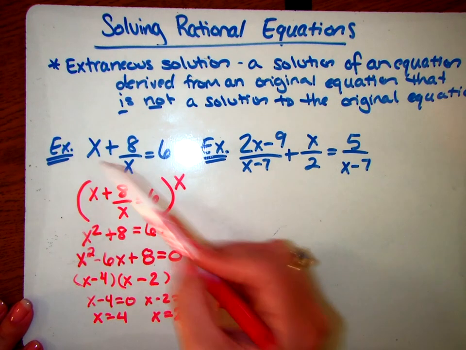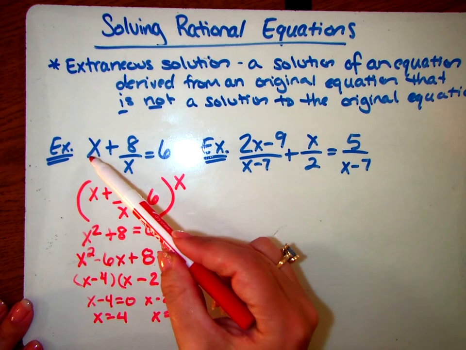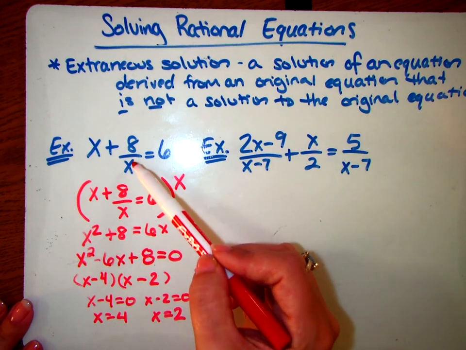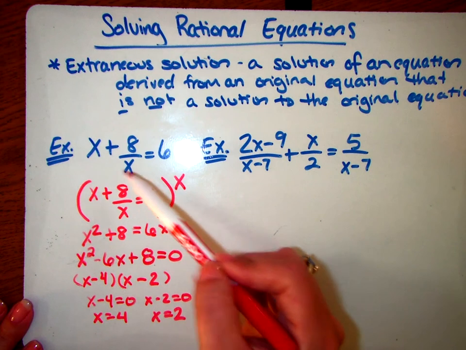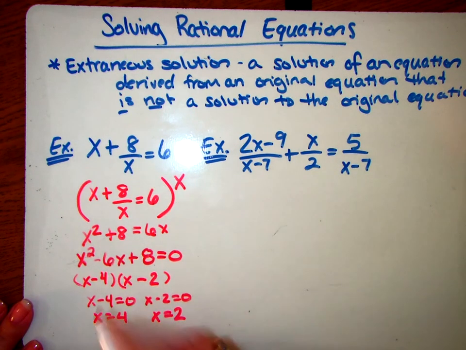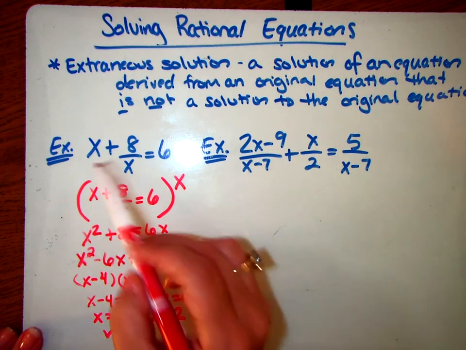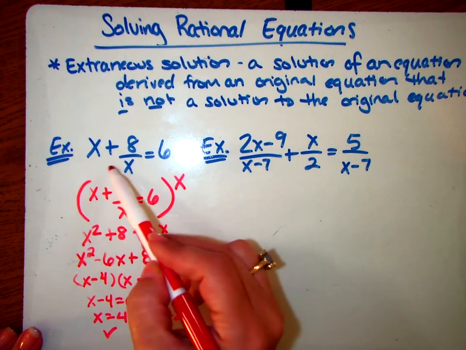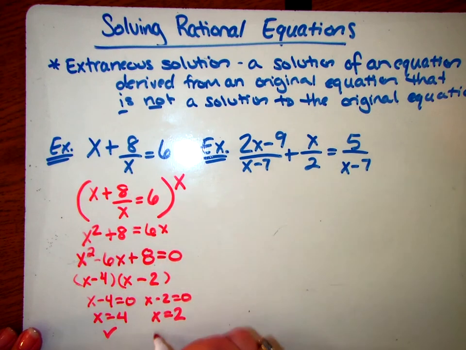If I put a 4 in my x's, 4 plus 8 over 4, well, 8 divided by 4 is 2. So 4 plus 2 equals 6. Yes, 4 plus 2 is 6, so I know 4 is a solution. If I plug in a 2, 2 plus 8 divided by 2 is 4. So 2 plus 4 is 6, equals 6. That is also a solution.